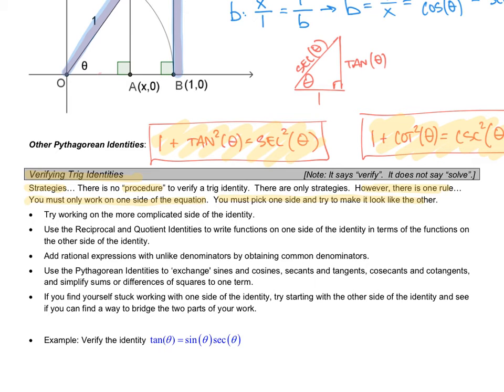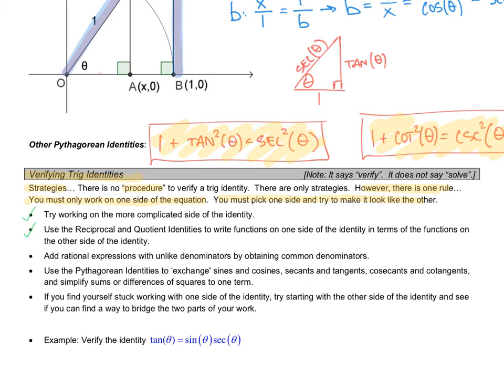Here we'll tick through some of my bullet points. Try working on the more complicated side of the identity first. Try to make it look like the simpler side. That's just a strategy, not something that you have to do. Use reciprocal and quotient identities to write functions on one side of the identity in terms of functions on the other side. So I try to take tangent and rewrite it as sine over cosine, or take secant and write it as 1 over cosine.